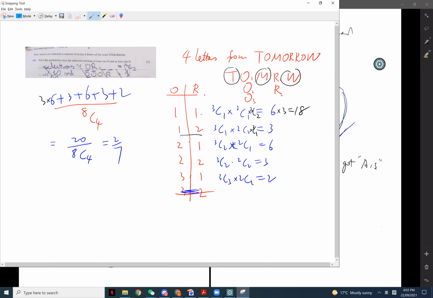So 3C1, this is 9. We didn't finish choosing 4. This one is still 3C1, 18. This one already, okay. So in total, we got 18, 18, 36 plus 9, 45, 50, 5/7.